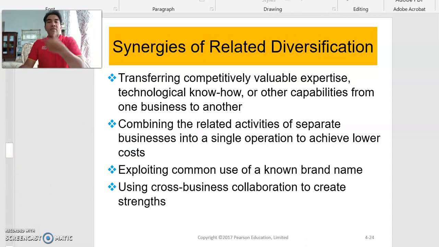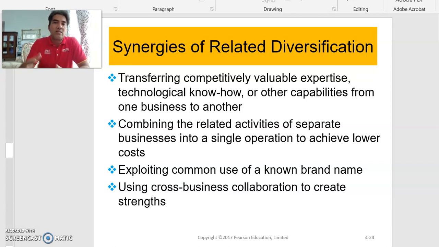These are some of the reasons, the guidelines, why organizations pursue related diversification. Since you already have the expertise, you are using the same dough, the same processes to produce your karipap, and now you want to diversify your products.